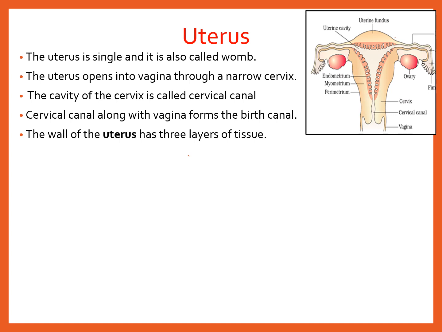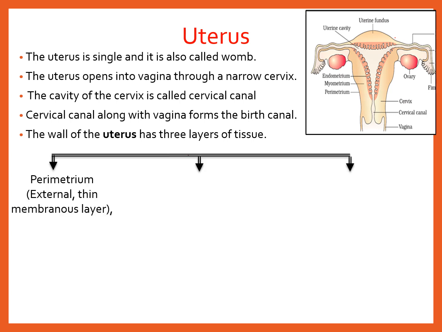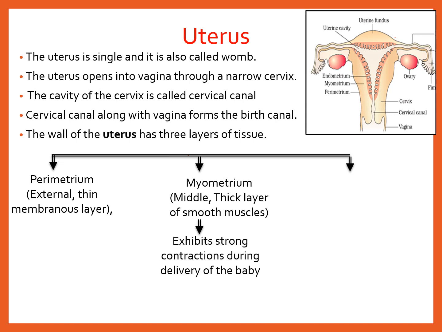The wall of the uterus has 3 layers. One, the endometrium. 2, the myometrium, and 3, the perimetrium. Okay, so the perimetrium is the external layer, right? And the myometrium is the middle layer, which has a thick layer of smooth muscles. So myo means muscles.